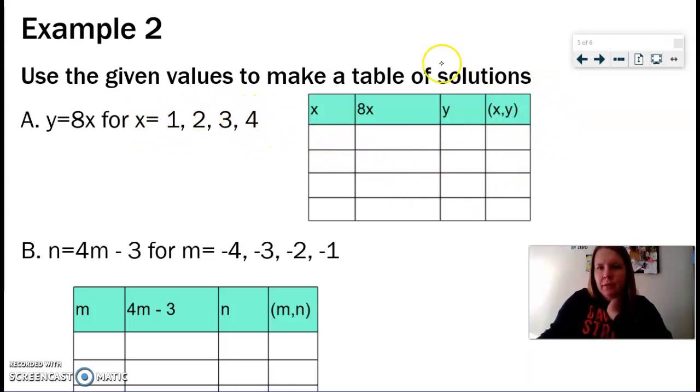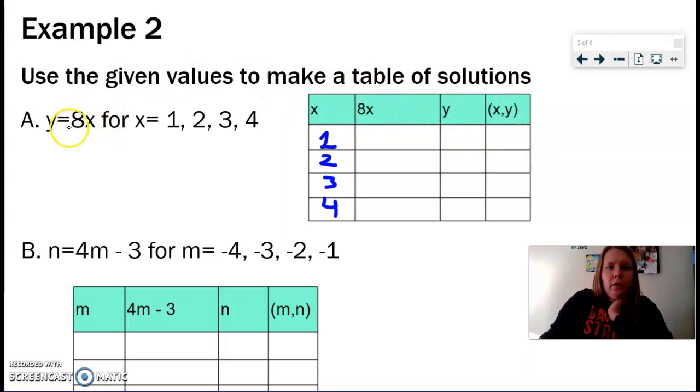So here's my table that I've already kind of started to set up. Here are my x values, so right away I could plug them in. I've got 1, 2, 3, 4. Those are the numbers they want me to use for x. I don't know what y is yet, and then we'll be able to figure out our coordinate point.